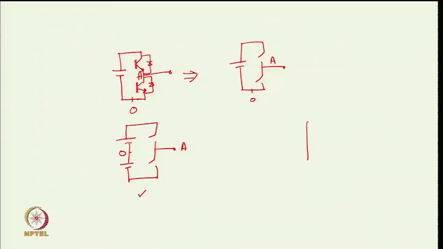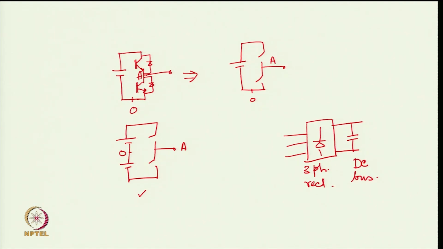For example, the rectifier circuit, say if you take a 3-phase rectifier, here comes the DC bus. So this is a 3-phase rectifier and here is the DC bus.